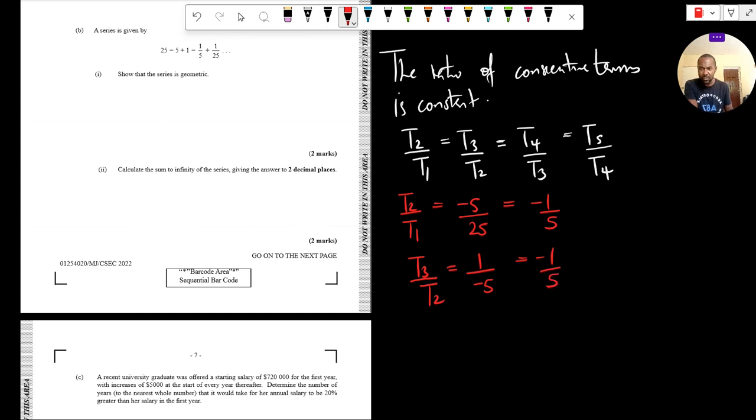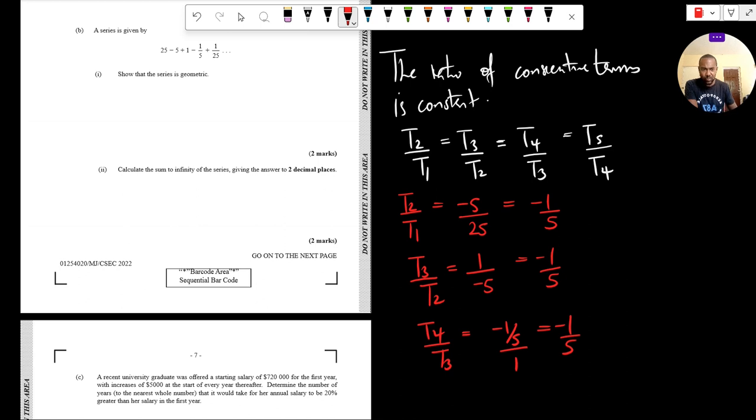So far the ratio is constant. Next, let's check t4 divided by t3. t4 divided by t3 will be equal to negative 1/5 divided by 1, which gives us negative 1/5. And again, the ratio is constant.